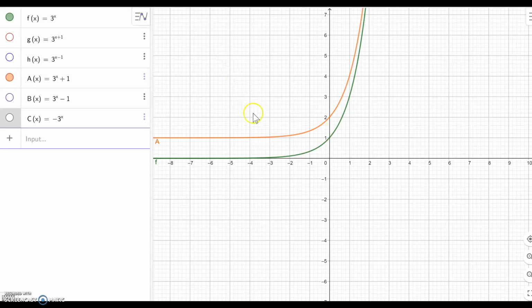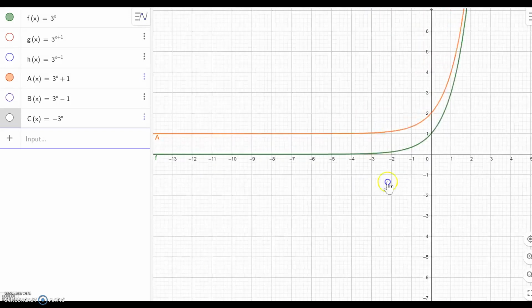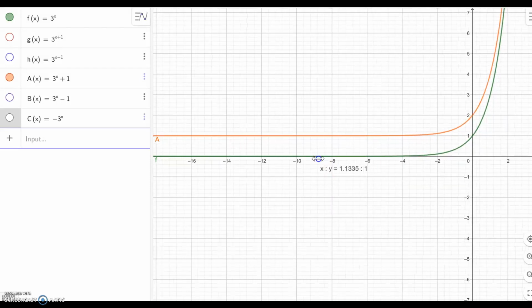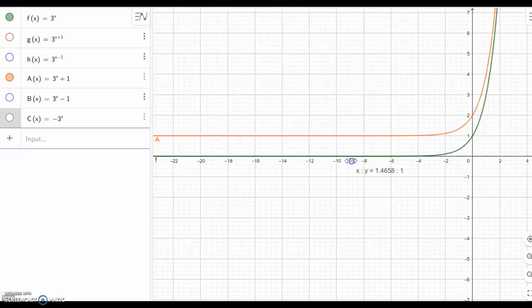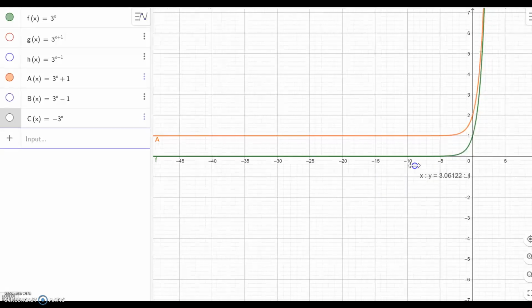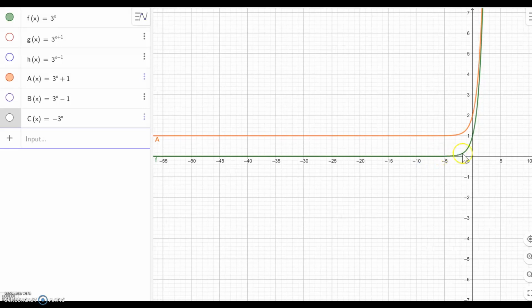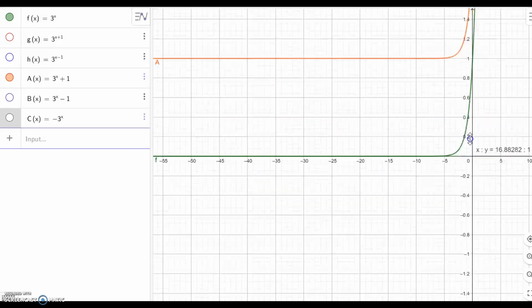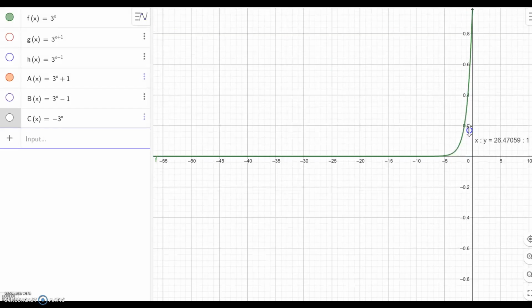So to make you understand better, I'm going to make this side and then zoom out more. As you see, even though I zoom out more and more, it never passes through y equals 1. And then I'm going to zoom in more so that you see it never actually touches the x-axis and the y equals 1 graph here.